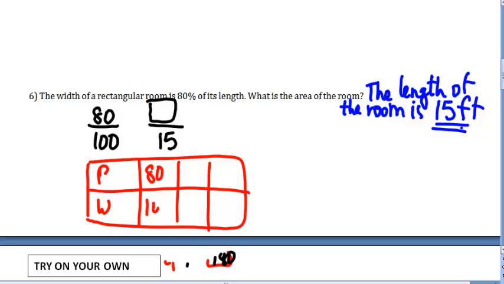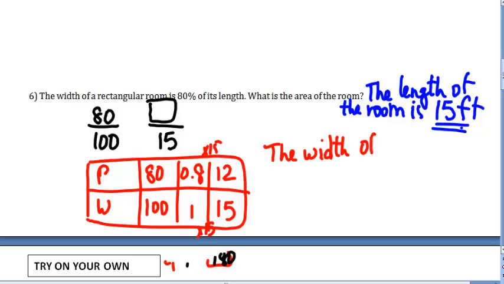So 80 over 100, I'm going to divide it by 100, so I get the 1 here and 0.8 here, and I need times 15, so do the times 15 in both cases, and you end up with 12. So the width of the room is 12 feet. Okay, go ahead and try the rest of the problems, and I'll see you next class.